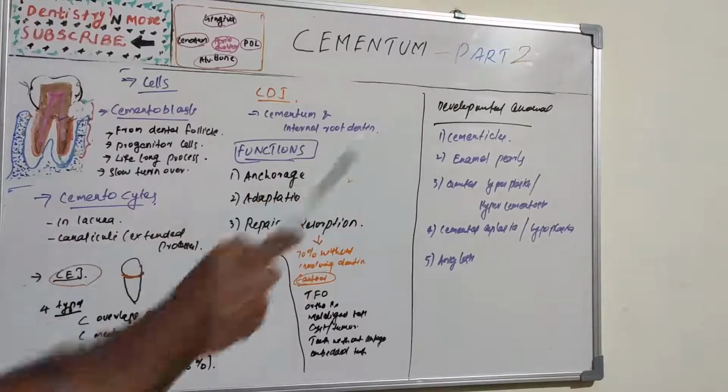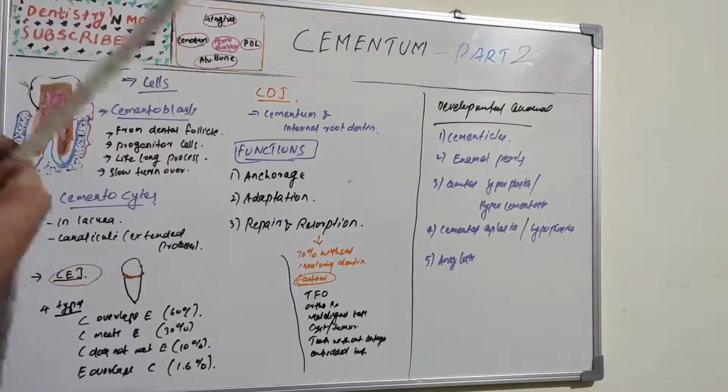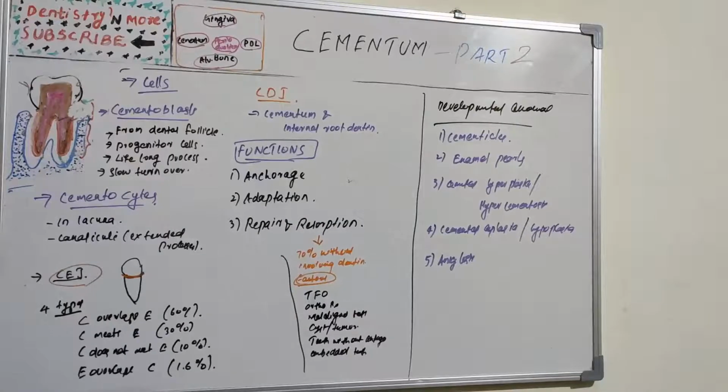Now let's see a few anomalies. We have covered the anomalies in detail, but especially the cementicles. Cementicles are small globular masses of cementum, found in approximately 35% of human roots. They may not always be attached to the cementum surface, but may be located freely in the periodontal ligament.